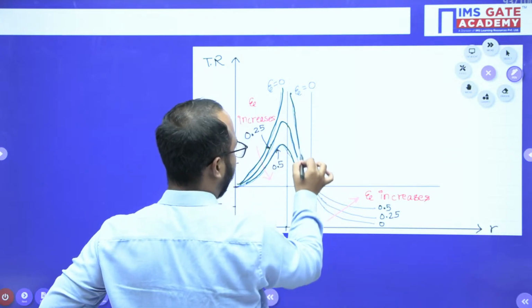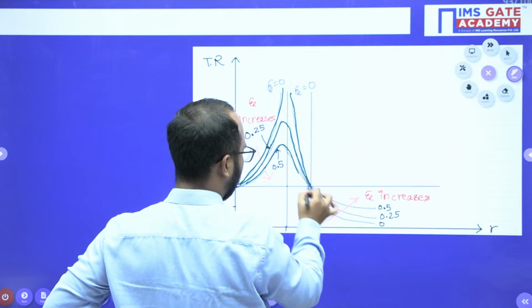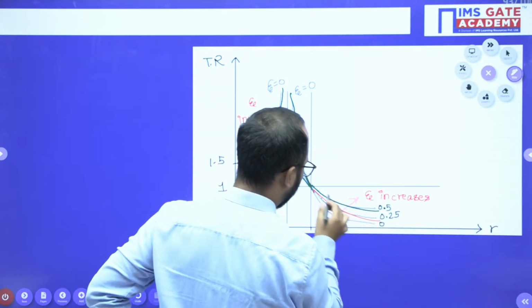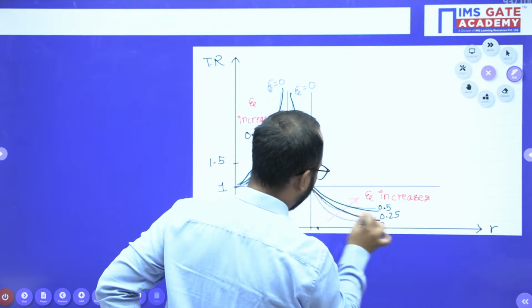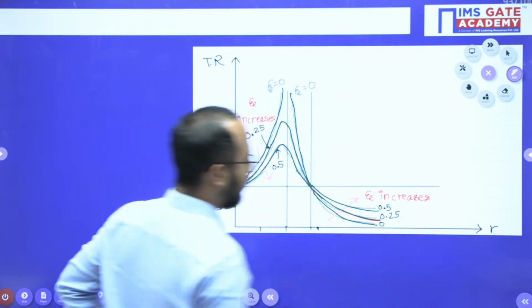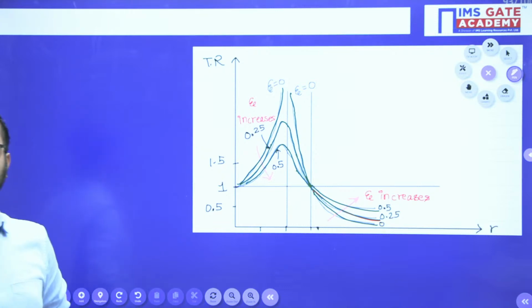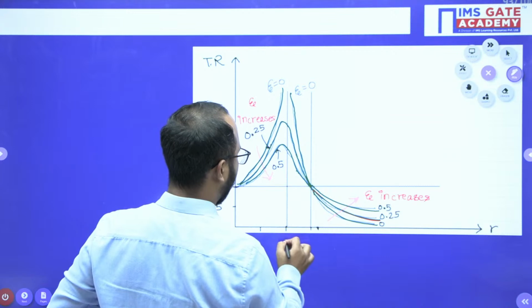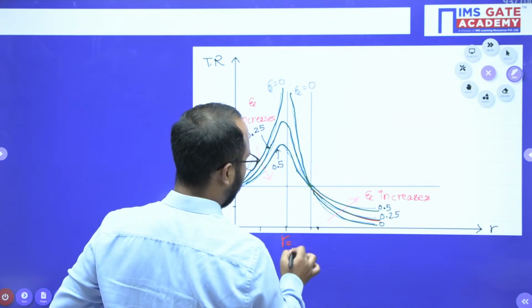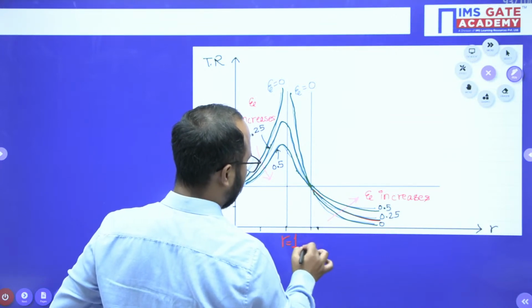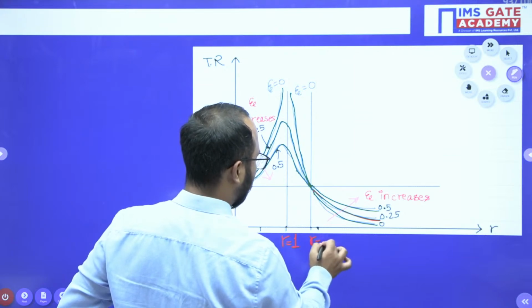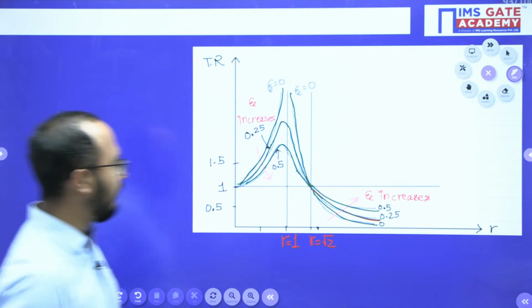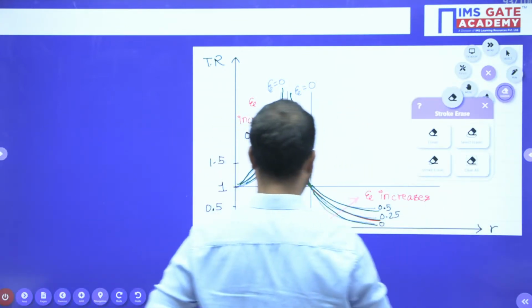These are the damping factor lines, guys. In this diagram you need to understand a very important point. This is the R value as 1 and this value as R value root 2. So we have to focus on R value root 2 only. So I will remove this one.